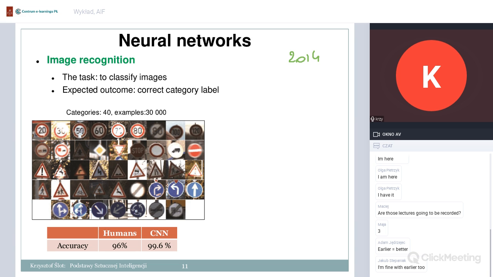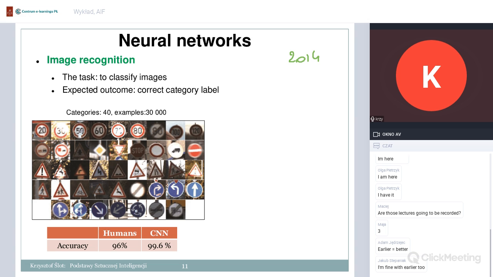And the network was compared to humans in a very realistic setup. So the sign has been presented for a limited amount of time, just like in reality.